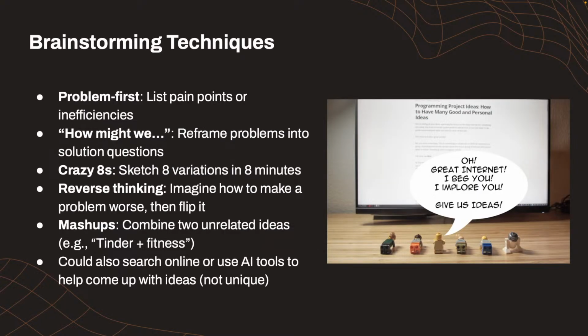So there's some different brainstorming techniques you can use. Like I mentioned before, try to find a problem you experience, any pain points or inefficiencies. For example, with the uni's timetabling software, that's how my timetable software came to be, because we had issues with the timetable.